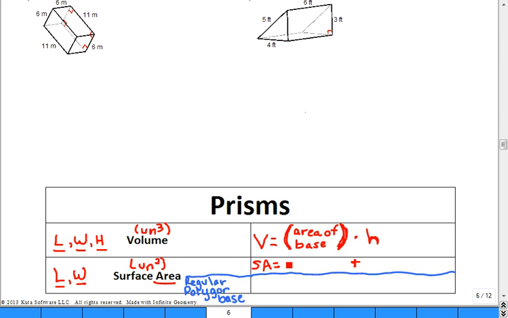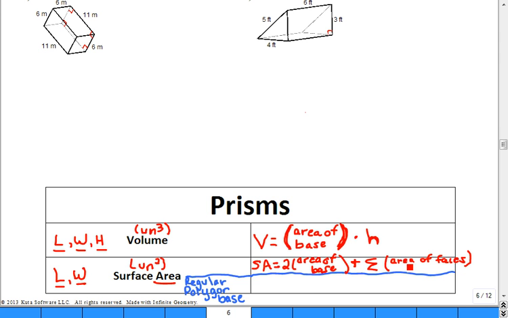Both of the bases have to be the same, so we're going to have 2 times the area of the base. And then we're going to have to add in the sum of the area of the faces. We have to find all the rectangular faces and add them together.